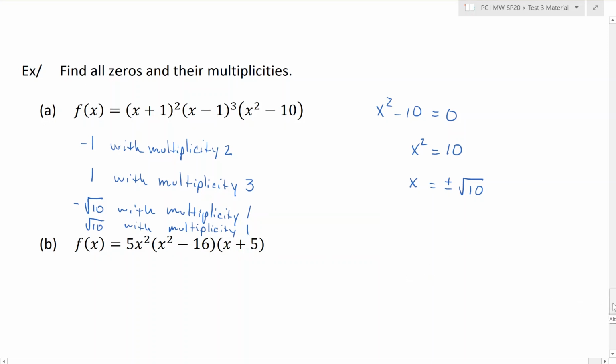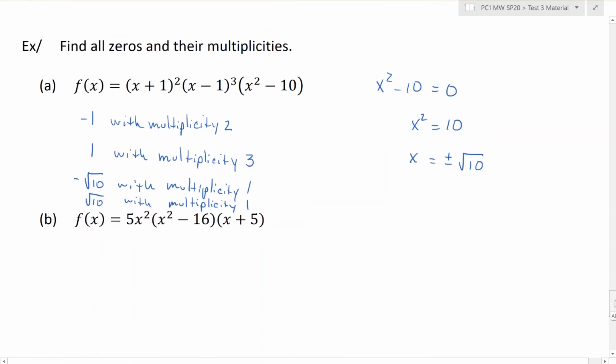Okay, and then I have another problem here. 5x squared, if that was set equal to 0, we would get x equals 0. And so 0 is a zero with multiplicity of 2.